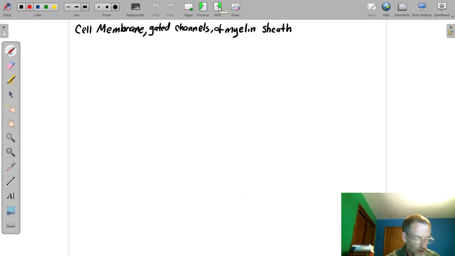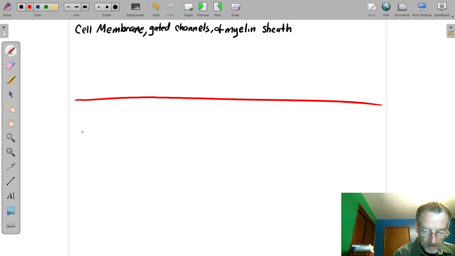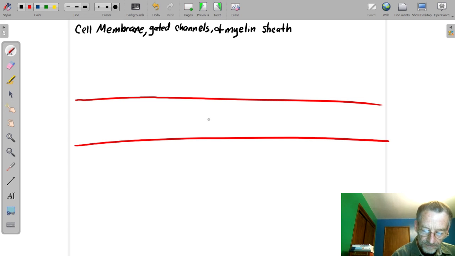That should be reviewed. The last thing that I thought we might want to do is just remind you of what is going on in an axon. So if this is our axon, remember that there are gated ion channels along the length of it. And there are little trap doors.